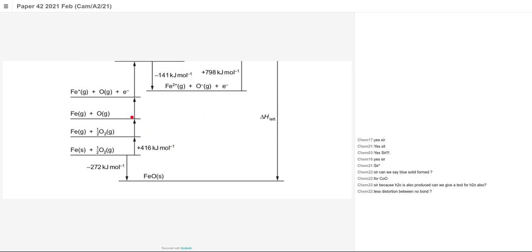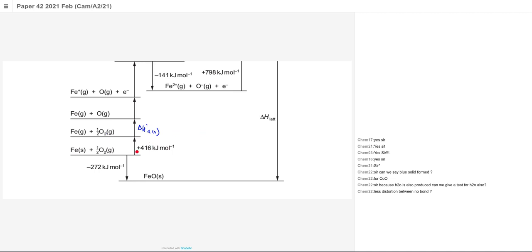Let me write the values. I need your help with the data booklet so I can save time. So this is the formation, and this is the atomization of iron, and this is the enthalpy of atomization of oxygen. Now, they haven't given the atomization values, so bond energy values are given.